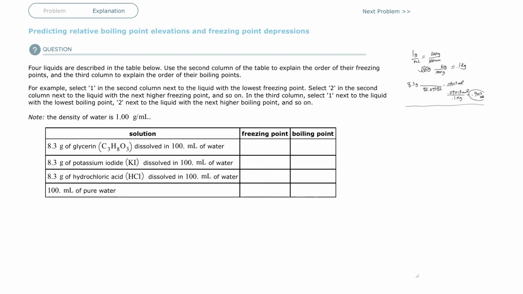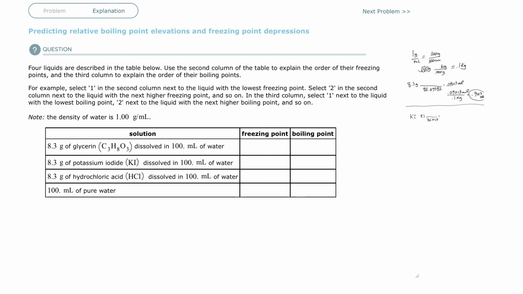My second guy is going to be the potassium iodide, KI. I have 8.3 grams, and its molar mass was 166.0028.